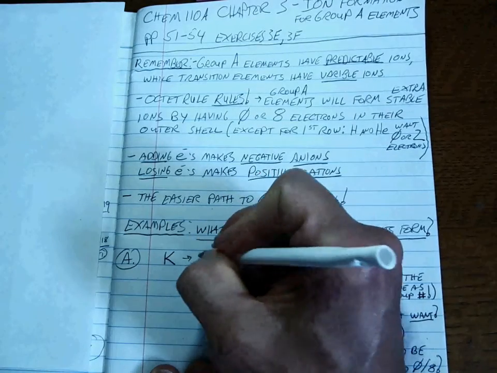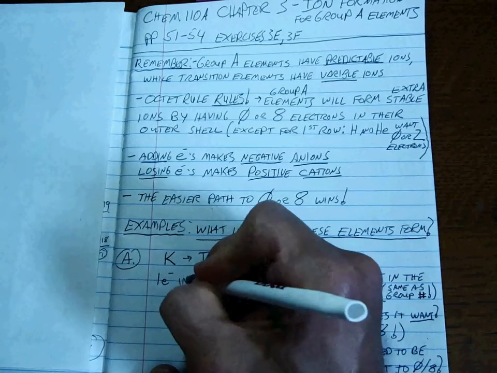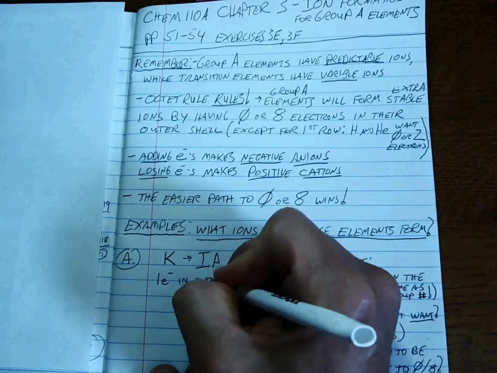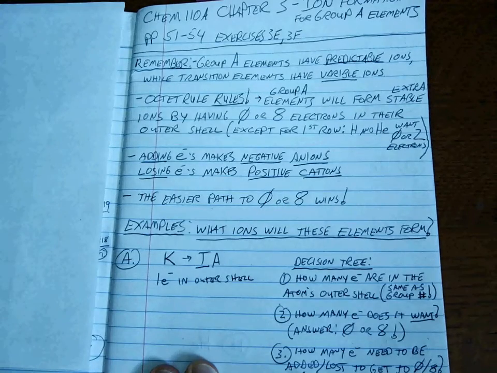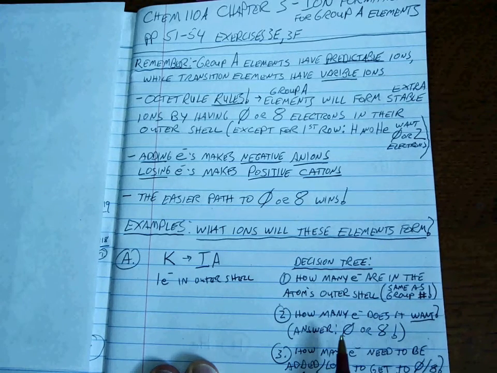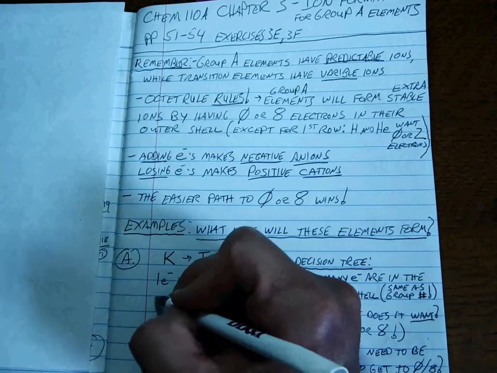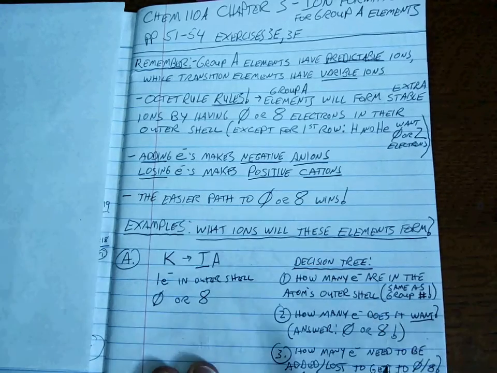So because K is in group 1A, the answer to number 1 is 1 electron in the outer shell. Okay, the next question always is, how many electrons does it want? And unless we're talking about hydrogen or helium, the answer is always 0 or 8 for every group A element.